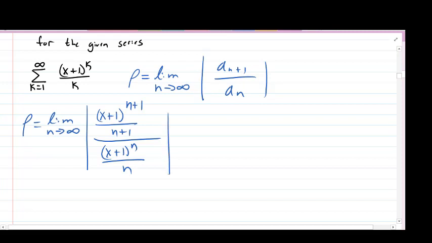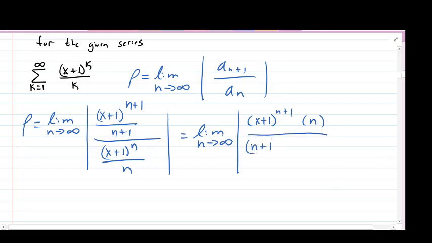All right? So let's simplify that a little bit. I'll flip the denominator and multiply, so that'll be (x plus 1) to the n plus 1 times n over n plus 1 times (x plus 1) to the n.